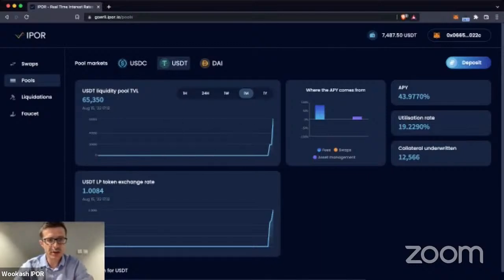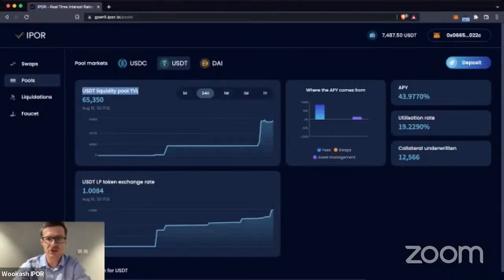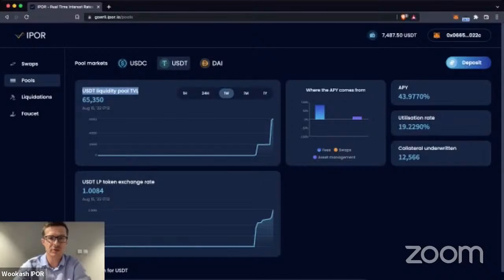This chart, liquidity pool TVL, essentially shows you the amount of liquidity in the liquidity pool. So it probably doesn't need much explanation. What's worth mentioning is, of course, you can change the period for which you would like to review the chart.